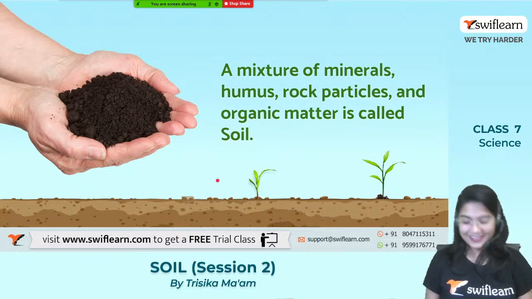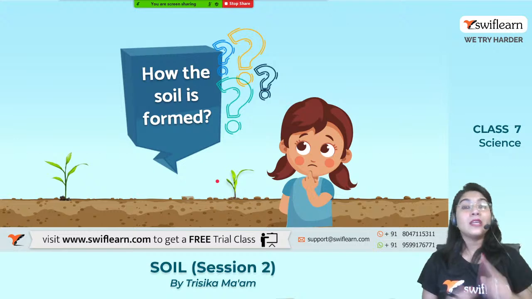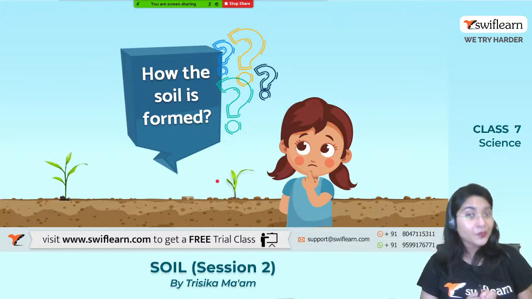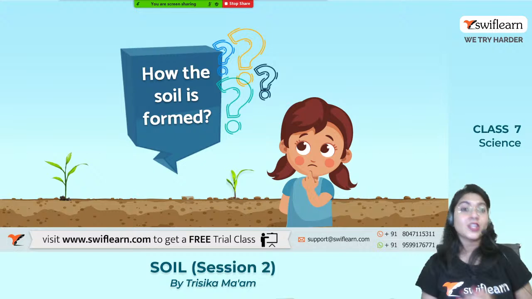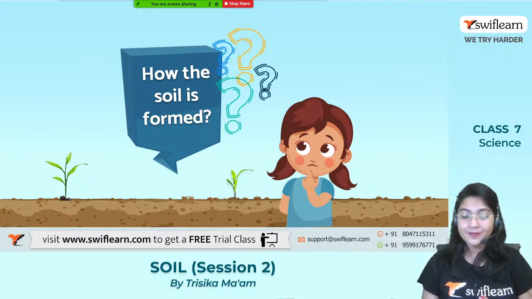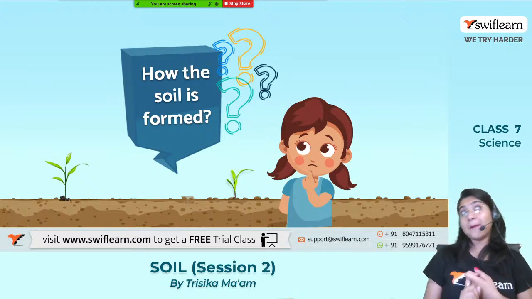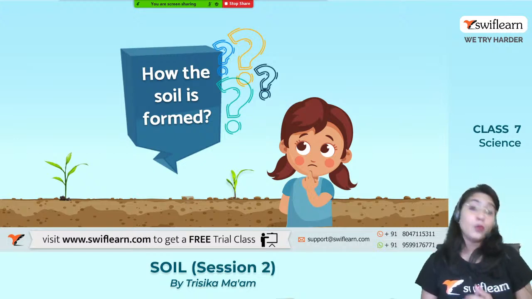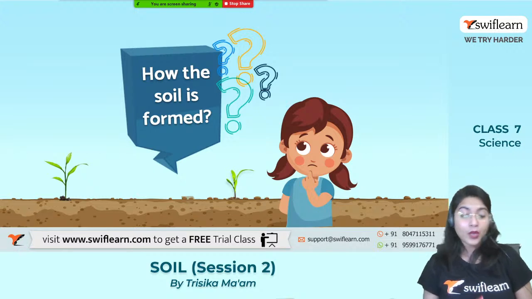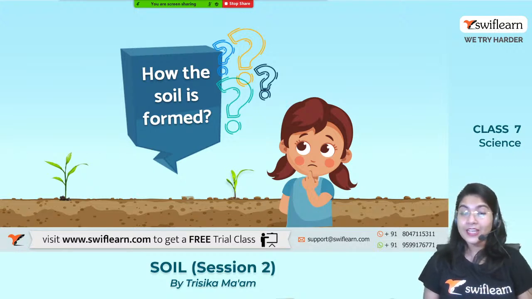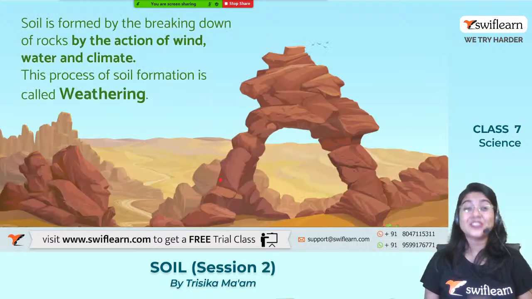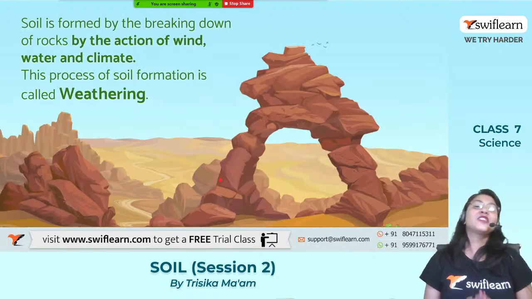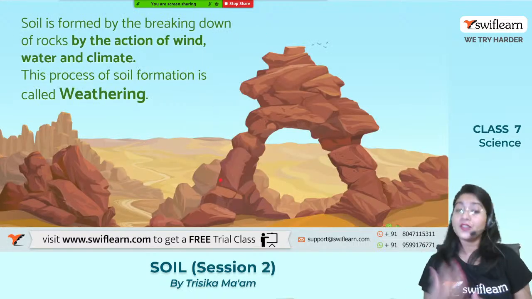Clear? Okay. Now let me ask you another question. We have already discussed in the previous session how the soil is formed. Who will be able to give me the correct answer first? By what specific process is soil formed? Yes, by the process of weathering, right?